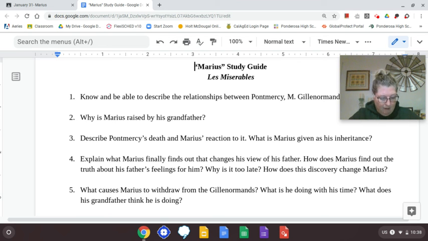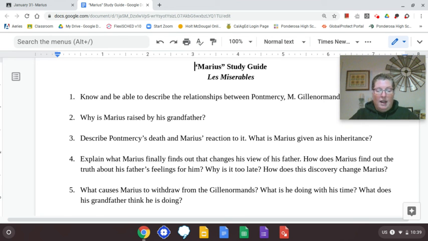And then what happens is that the grandfather gets kind of nosy. Remember, he loves Marius deeply, although he has this very gruff exterior and he doesn't know how to show it. So he gets kind of nosy and he wants to know, who is this woman? What's going on? And so he starts searching in Marius's room where Marius's coat is, and eventually the calling cards and the letter fall out of his pockets.